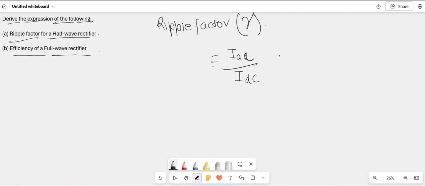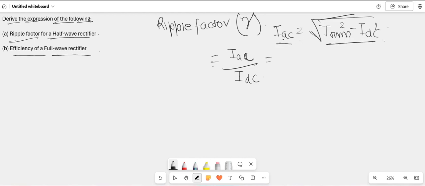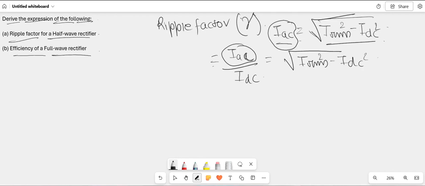And if we do the calculation, I of AC is equal to root over I of RMS square minus I of DC square. So if we put the value of this I of AC here, we will get root over I of RMS square minus I of DC square divided by I of DC.